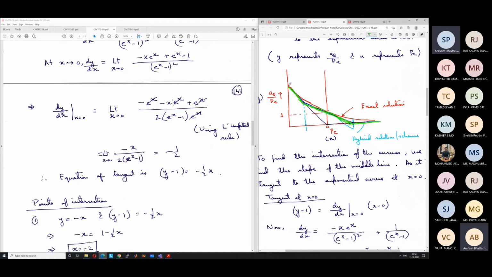So the equation of the first straight line is y is equal to minus x. The equation of the second straight line, what we have derived, is y minus 1 is equal to minus half x, and the equation of this straight line is y is equal to 0.